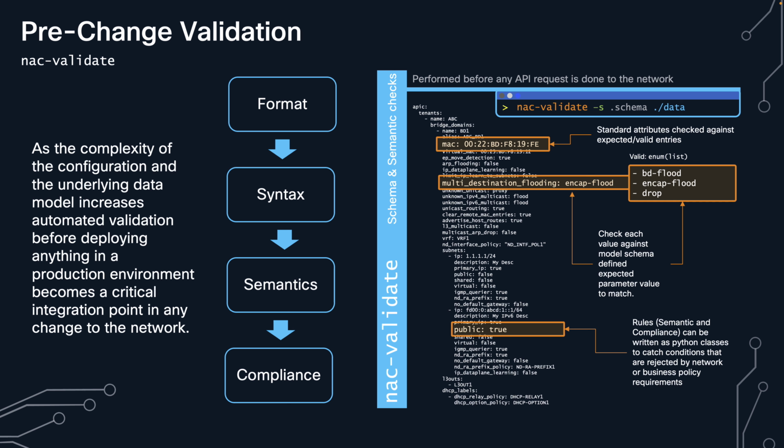So if we take a simple example in ACI, where the business says we don't want any of the bridge domains to be defined as having public true, which means that their routes would get leaked out to an L3 out, you can define that in a rule set, and then when it runs, it will indicate to the operator that that value is not allowed. These are different ways for us to make sure that the compliance side of the house is met for a customer before going to devices in the network.